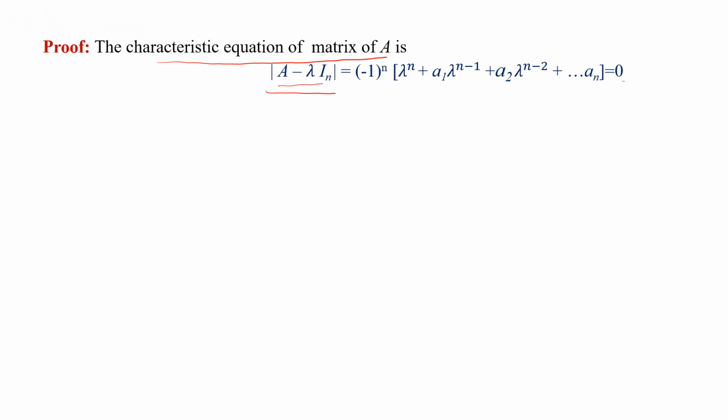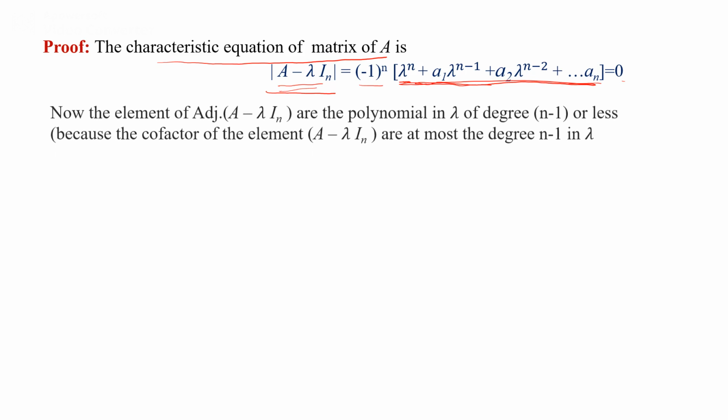If we expand it, we get (-1)^n lambda^n plus a1 lambda^(n-1) plus a2 lambda^(n-2), and so on, an. That is the expansion of the characteristic equation.